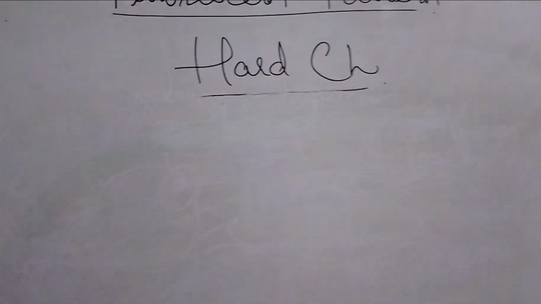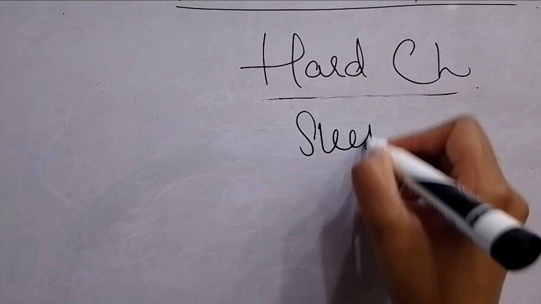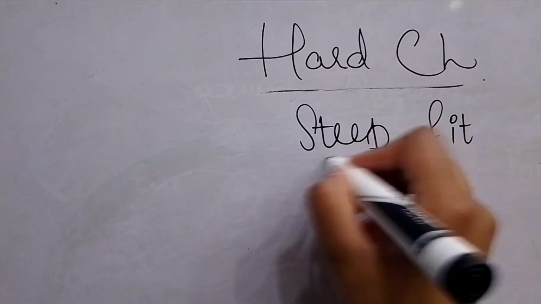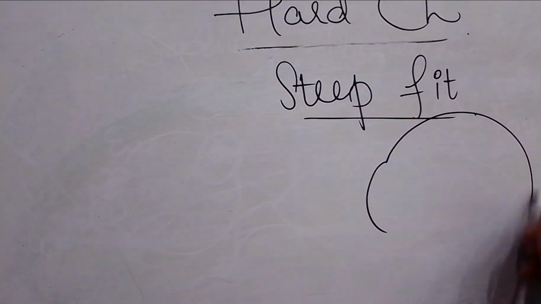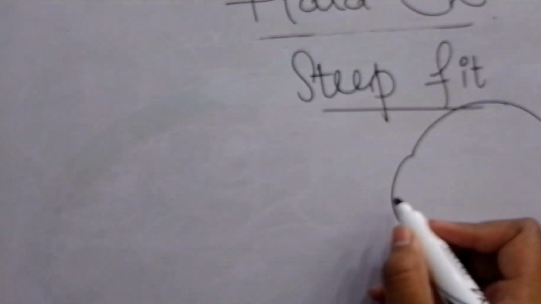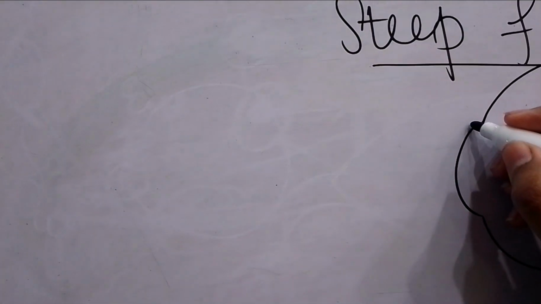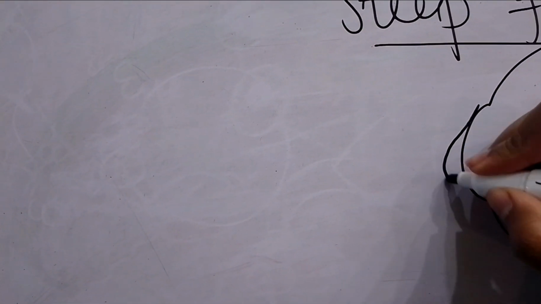Okay, so now if we are talking about a steep fit, how does a steep fit appear? This is the cornea, right? While we are talking about a steep fit, it means that the cornea and contact lens are not in touch.